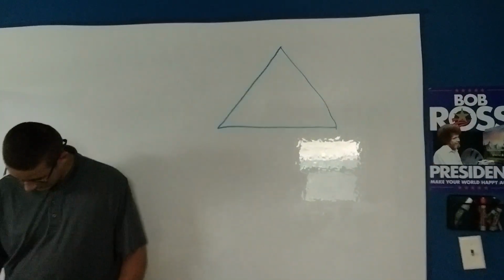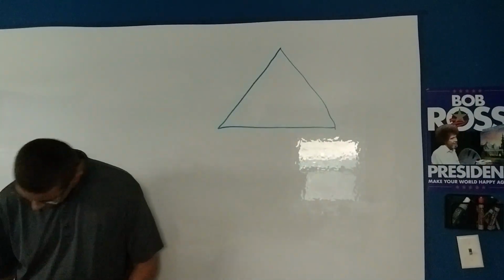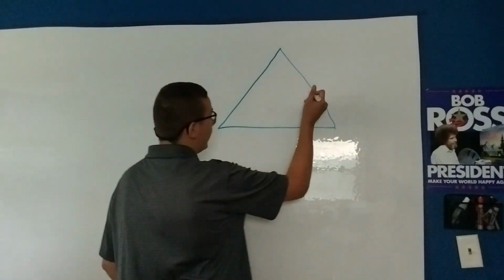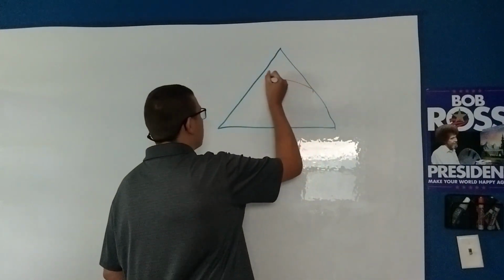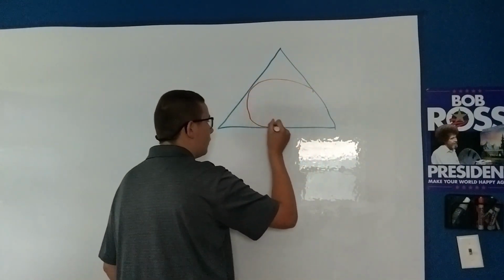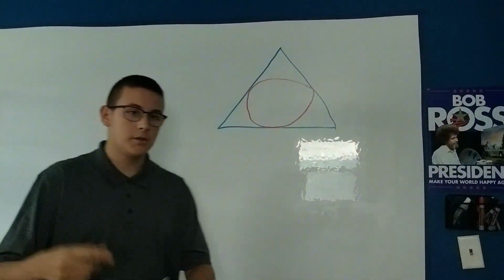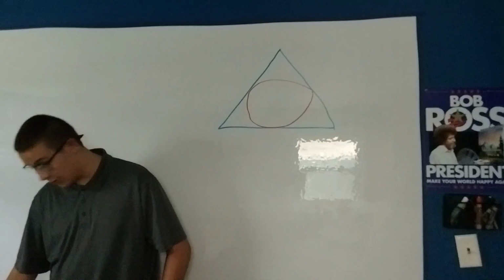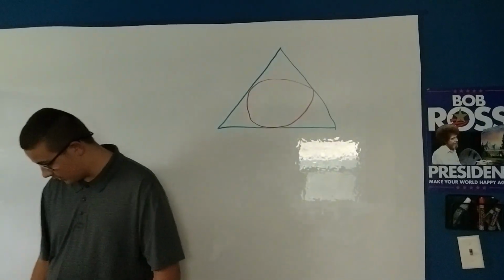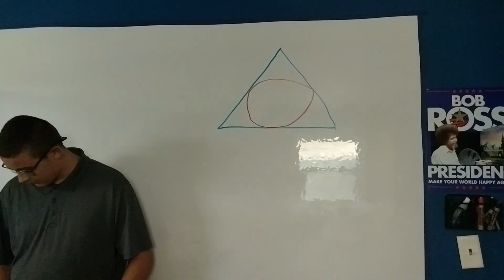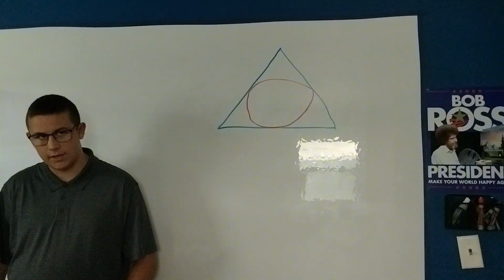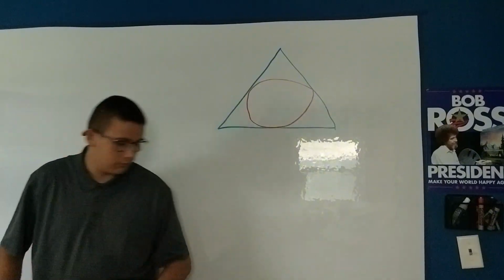And if I inscribe this circle inside here, touching all three edges, it's tangent to all three edges. You'll learn more about tangent lines in chapter 6, I believe. No, chapter 10 is tangent, I think, I don't know.